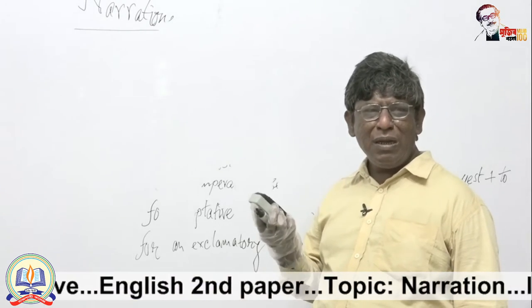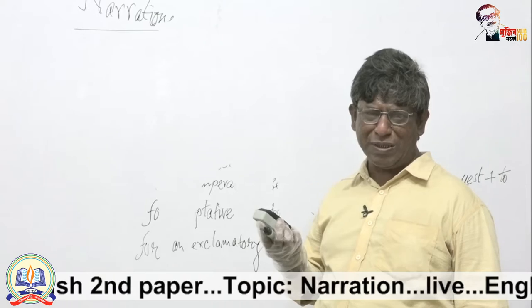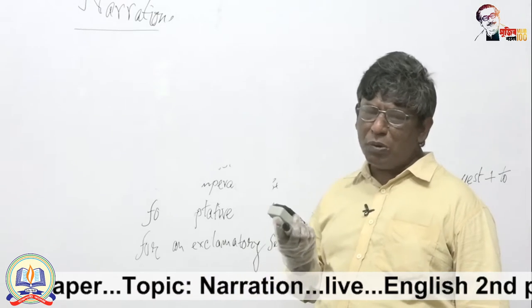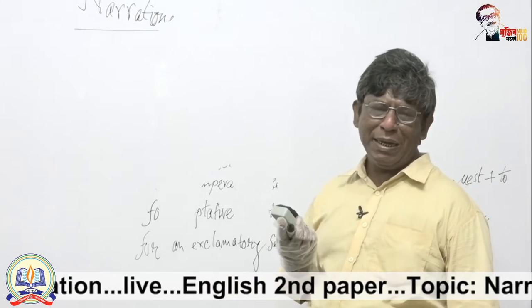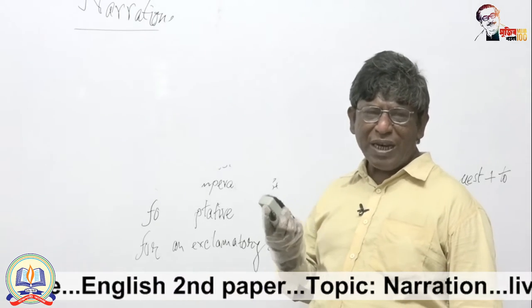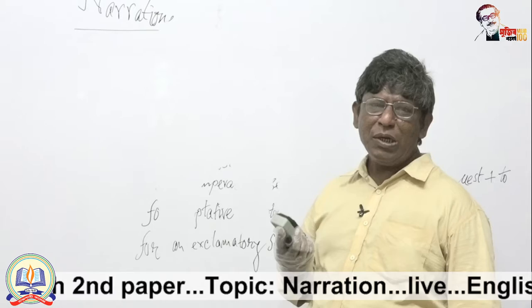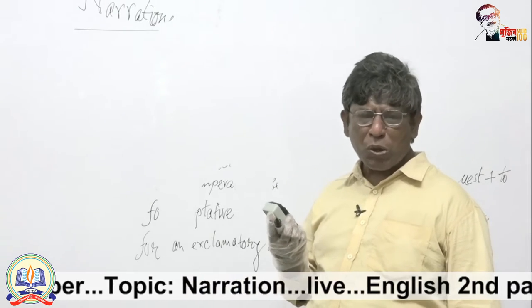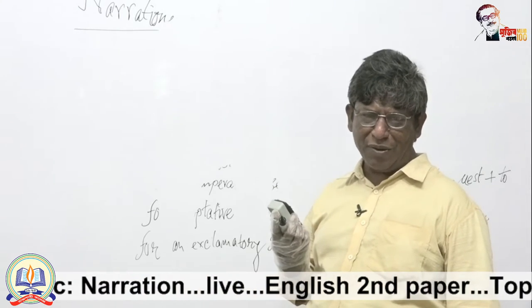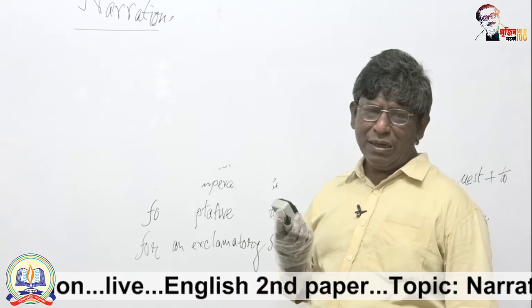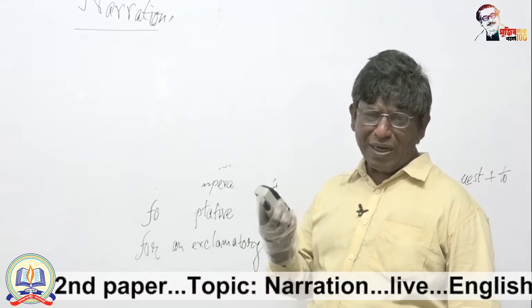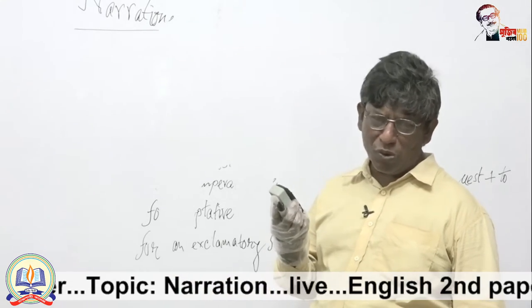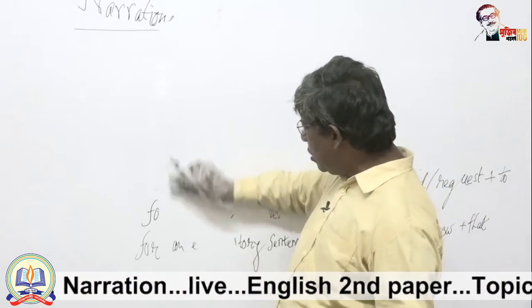If the finite verb of the reporting speech is in the past form, the finite verbs in the reported speech should follow the tense form of the finite verb in the reporting speech.